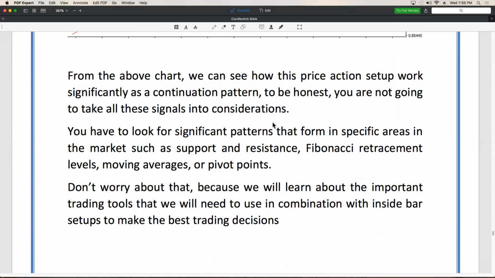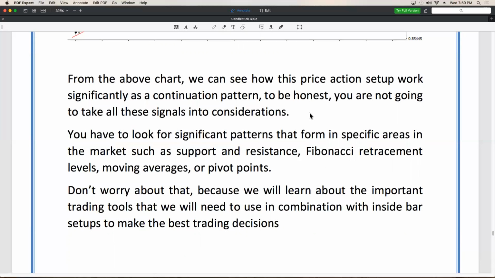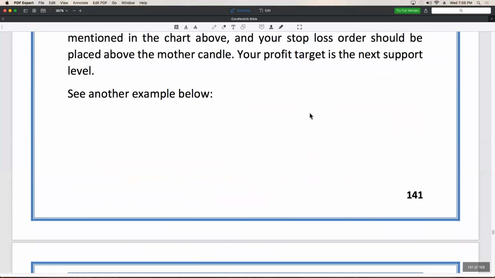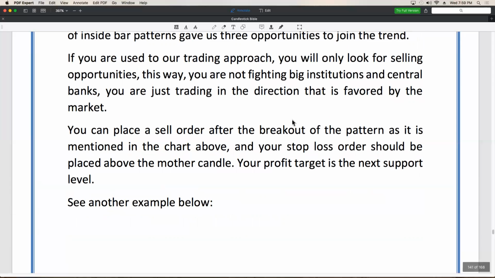So from the above chart, are we looking at two different things on the same illustration? No, we're getting ready to go over the whole thing again with more clarity. Page 141 is a sale. Page 142 is a buy. Correct.